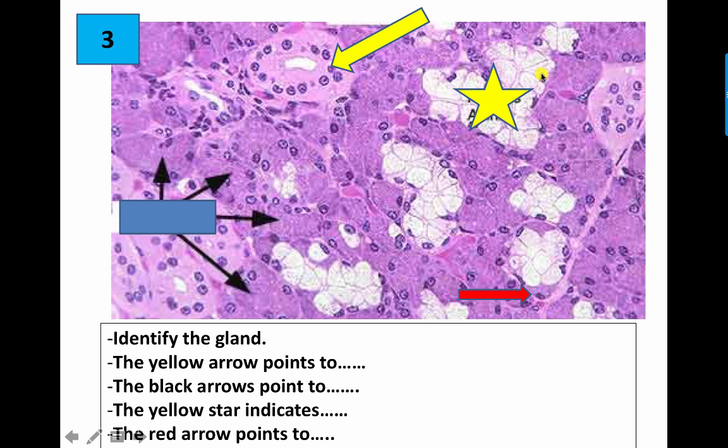I cannot see here any serous demilune, so they are the mucus acini. The red arrow here points to these basophilic cells on the top of this mucus acinus, so it is the serous demilune of the mucoserous acinus.